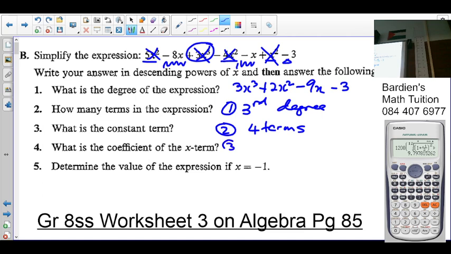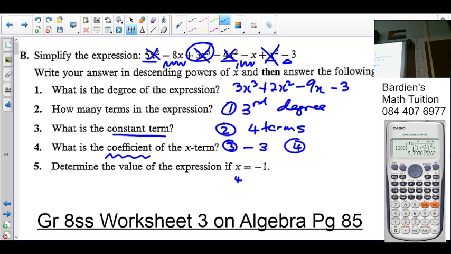Number 3. What is the constant term? The constant term has no variable, no unknown next to it. Okay. So the constant term is negative. Number 4. What is the coefficient? People, what's the coefficient? It's the number in front.